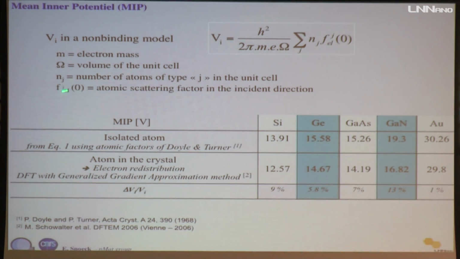So you make the sum over the unit cell of the different atoms you have in the cell, with a given scattering factor, times this constant, the volume of the unit cell, the electron mass, etc.